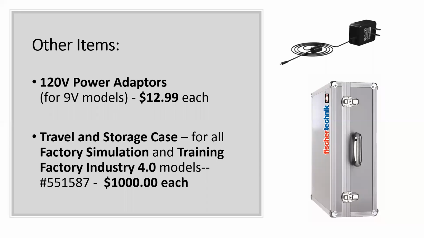Other items that I've discussed throughout the presentation, the 120-volt power adapters used for powering the 9-volt models are $12.99 each. And the travel and storage case, which is used for all versions of the factory simulation and all versions of the Training Factory Industry 4.0, whether it's the 9-volt or the 24-volt versions, you can use this for each of those. These are $1,000 each.